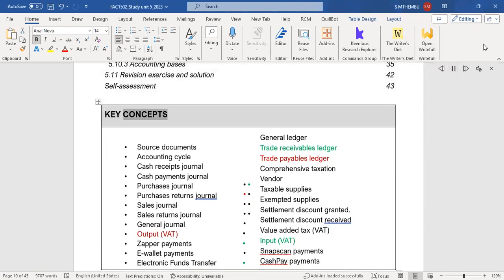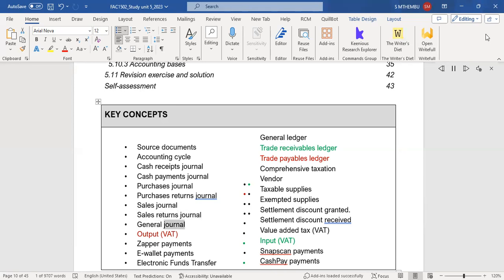Key concepts. Source documents. Accounting cycle. Cash receipts journal. Cash payments journal. Purchases journal. Purchases returns journal. Sales journal. Sales returns journal.